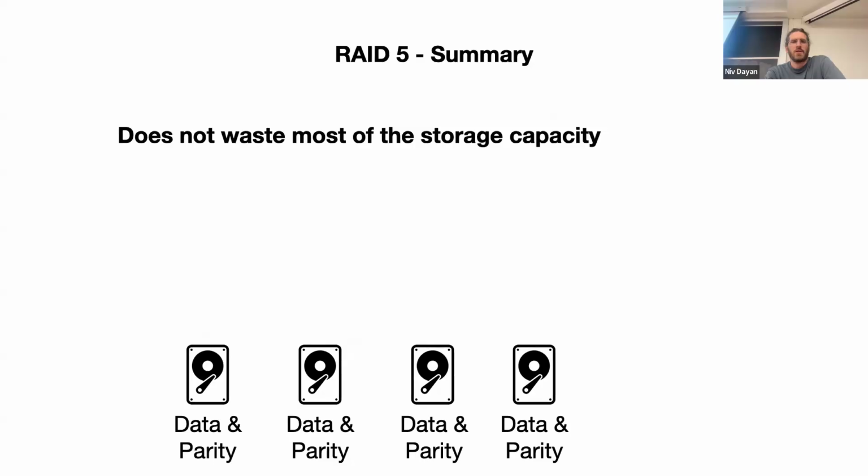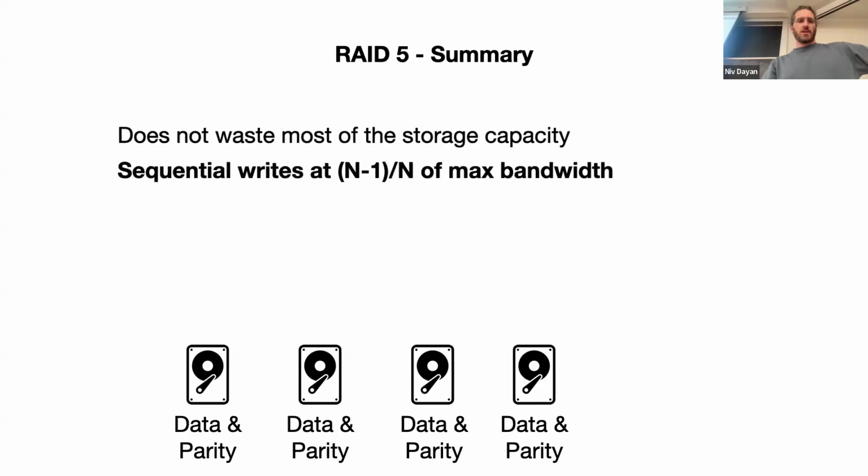Okay, so RAID 5 summary. This is a scheme that does not waste most of our storage capacity. We're still only using one drive for parity, so that's pretty nice. We are doing sequential writes at almost the combined capacity of all the different drives. We're still basically using one drive's worth of bandwidth, but we're pretty close to the maximum capacity.